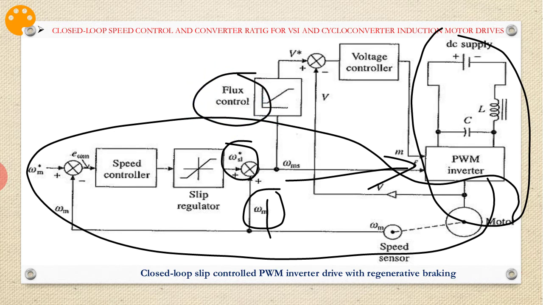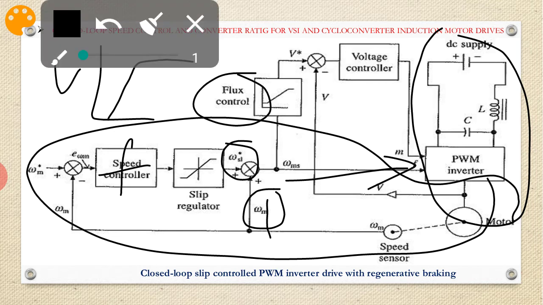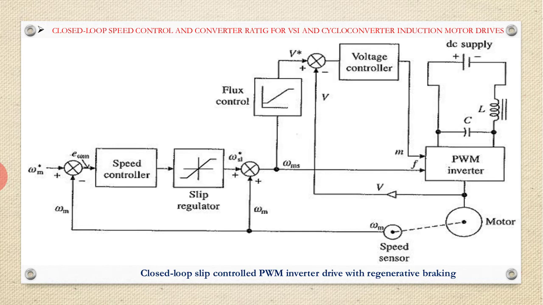The V by F relation will be maintained. It ensures constant flux operation up to base speed and operation at constant terminal voltage above base speed. Now I will explain the working.